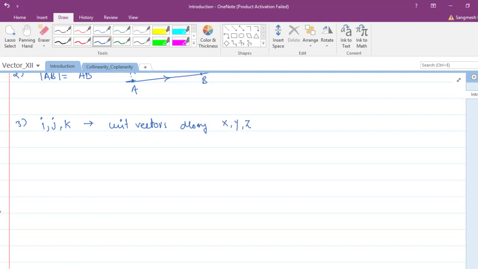In this total vectors topic we will be covering 4 parts. The part number 1 will be the collinearity and coplanarity. The next part will be the section formula. Next, the scalar triple product.